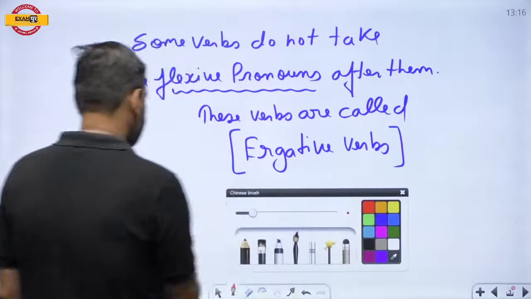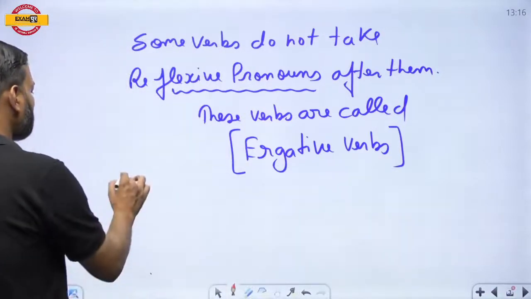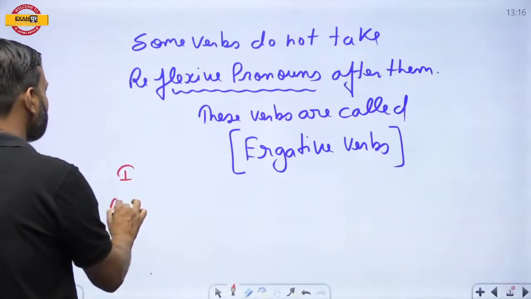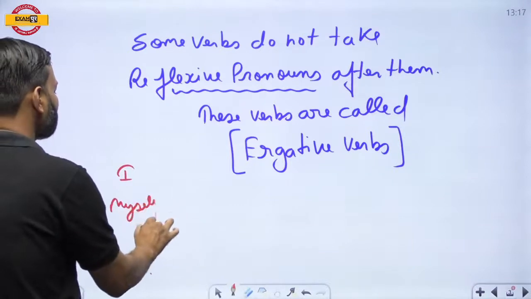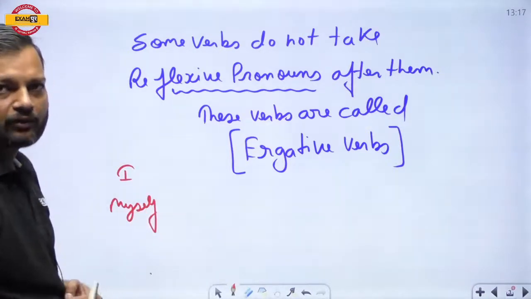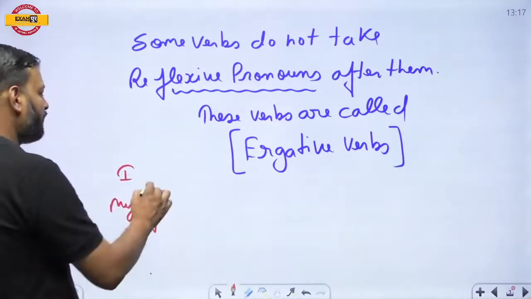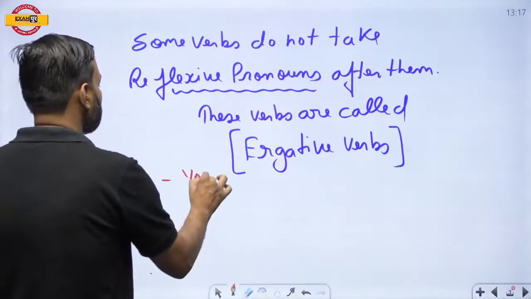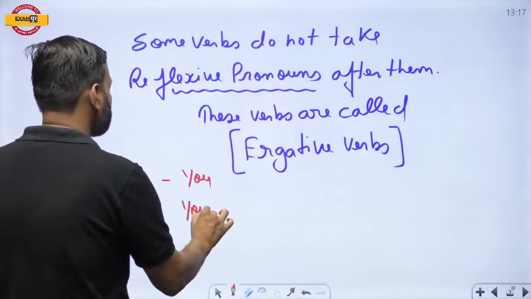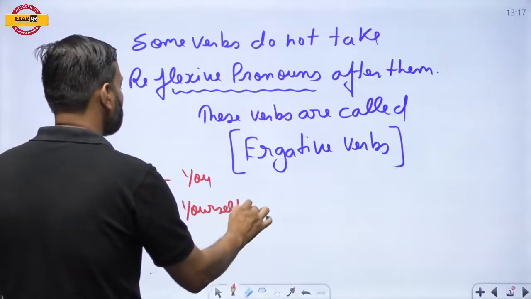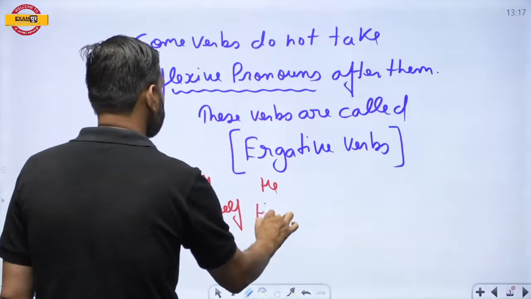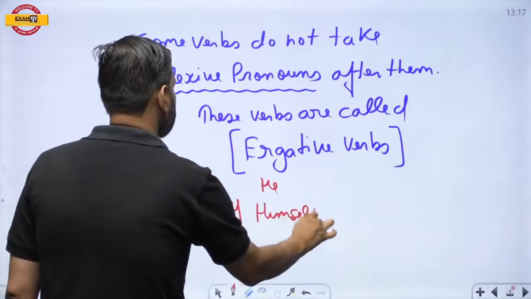Now, what are reflexive pronouns? Reflexive of I is myself. A reflexive pronoun is always taken according to the subject. Reflexive of you is yourself. Reflexive of he is himself.